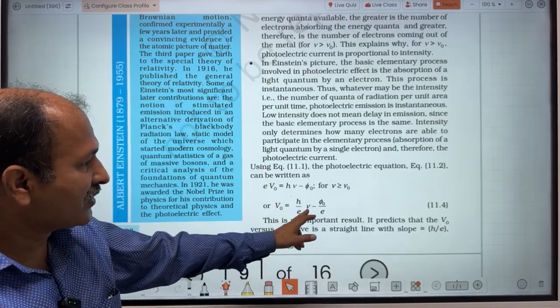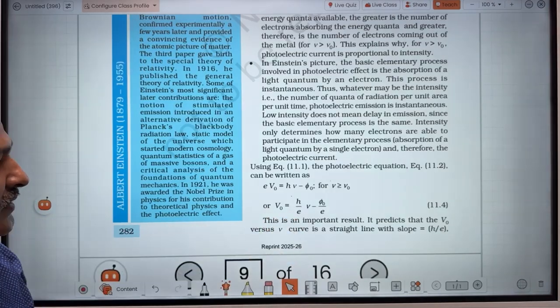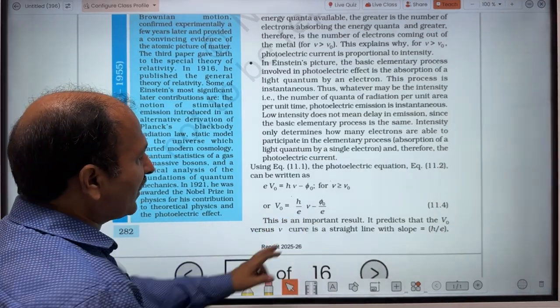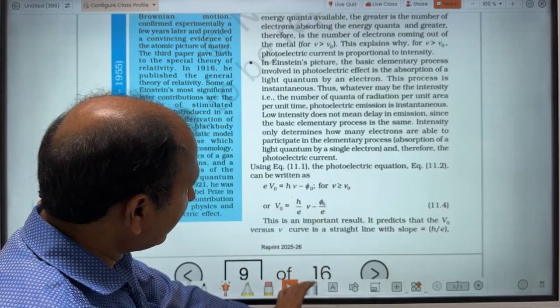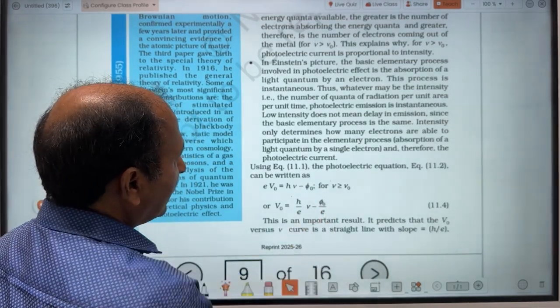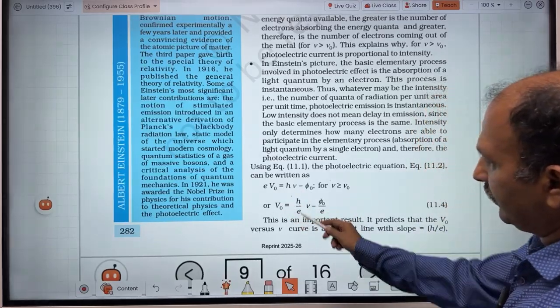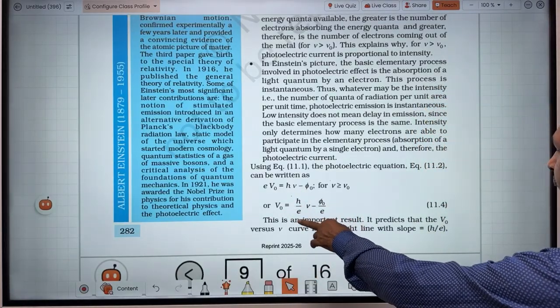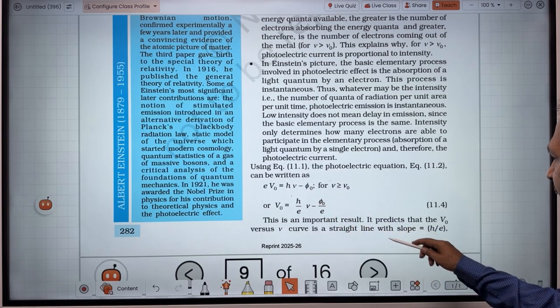This is stopping potential, this is frequency. So the graph is plotted between stopping potential and frequency, and it is of this form. Here the intercept will come on the negative side, phi 0 upon e. If you are given this type of graph, then h upon e will be the slope, and from there you can determine the value of the Planck constant.